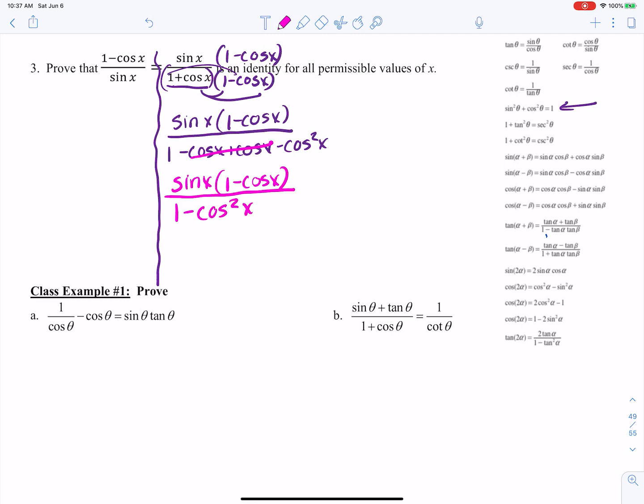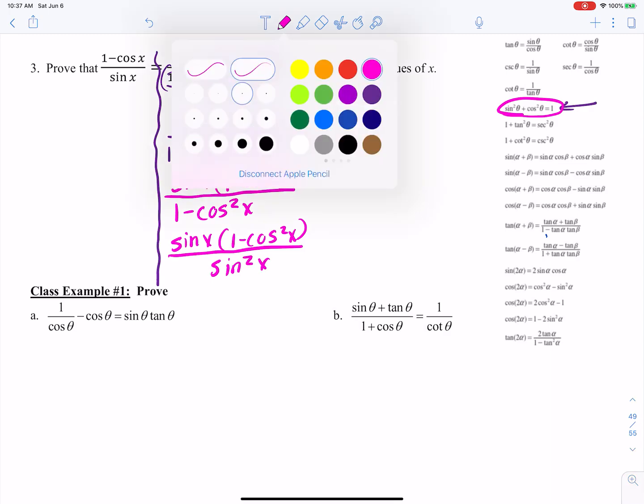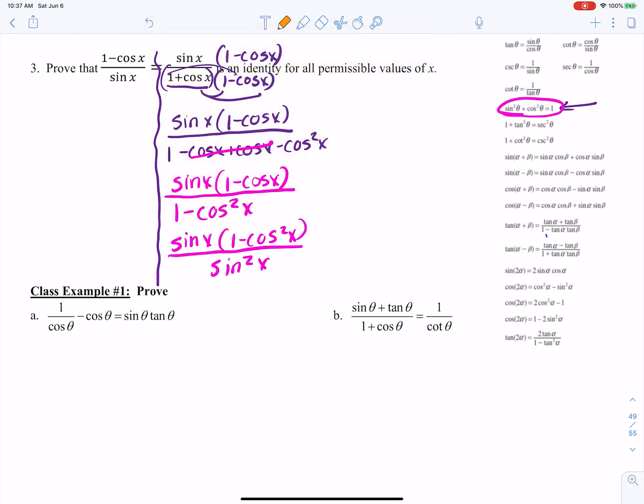Well, I know that 1 minus cos squared x, if I rearrange this, is equal to sine squared x. So I end up with sine x times 1 minus cos x, and that's all over sine squared x. Now, because everything is multiplication here, I can reduce one of those, and I end up with, I'm just going to put this here.